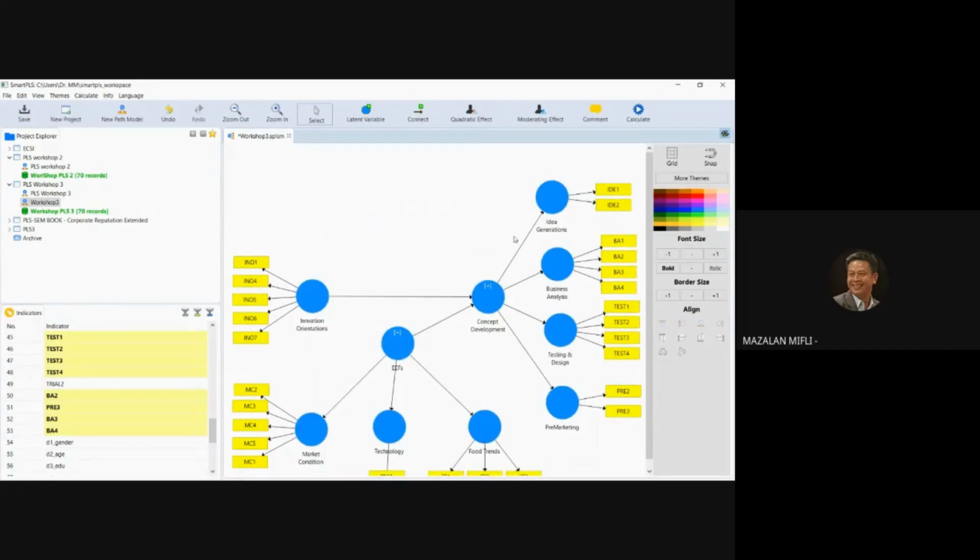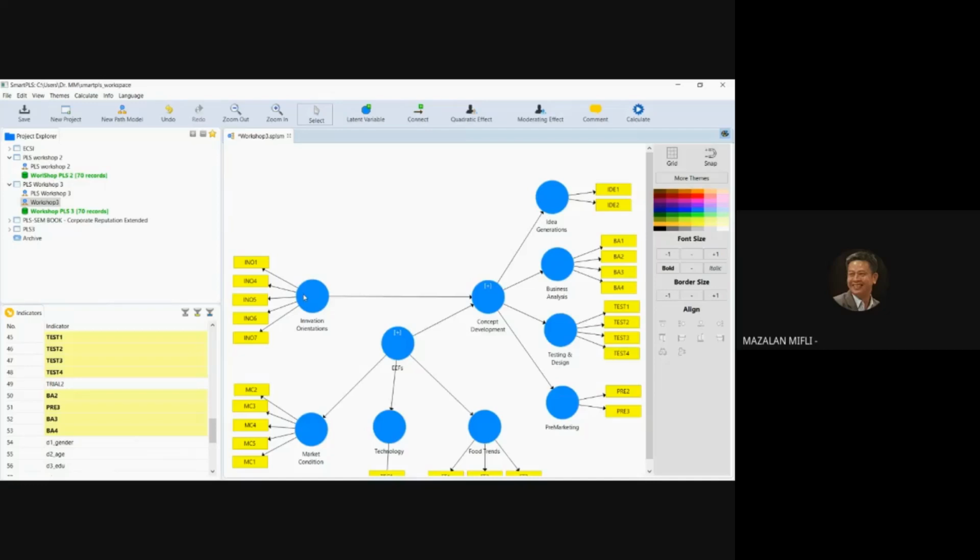So moderating, we know that this is the linear relationship, and this is the linear one. We want to know whether innovation orientations do influence the people who are conducting their product innovations, and what orientations actually depend on the developers, the menu planners or the products.